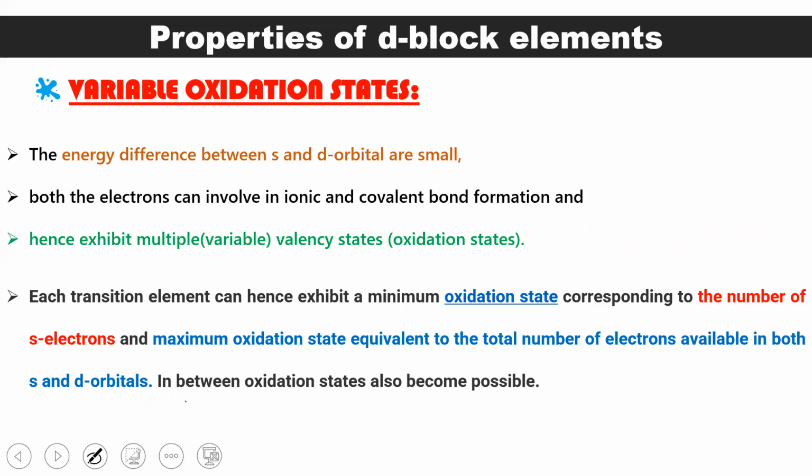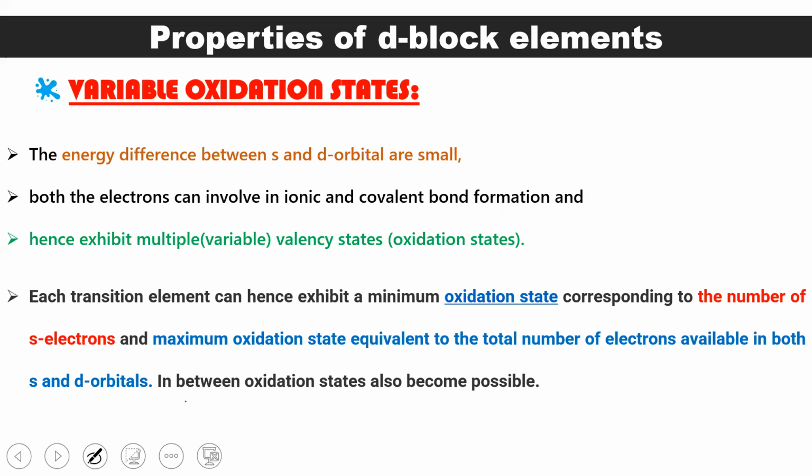So the next property of the d block elements is variable oxidation states. Why will d block elements show different oxidation states instead of one oxidation state?